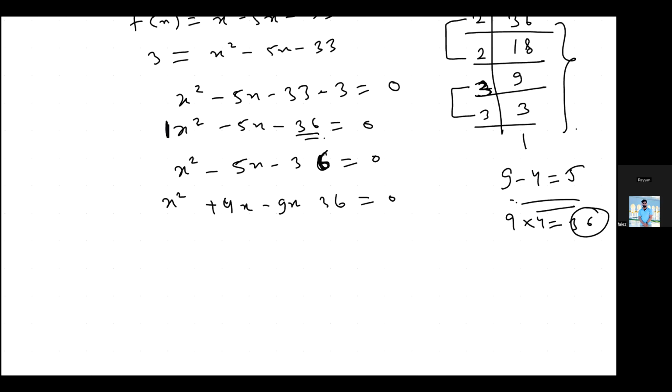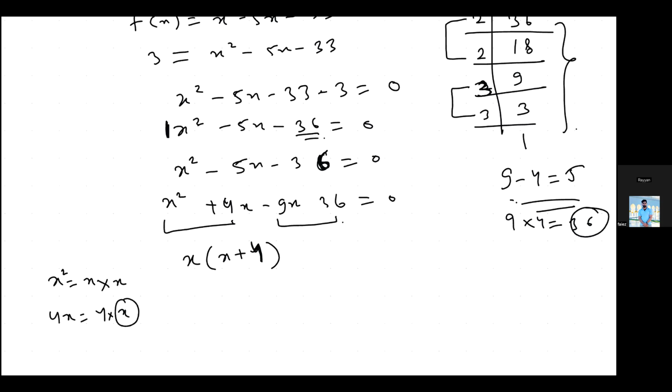Now you will take the common from them. If you take common, it will be x, and x plus 4 common left over. x was common because x squared is made up of x times x and 4x is made up of 4 times x. So you take x common in here and what is left over is x plus 4.